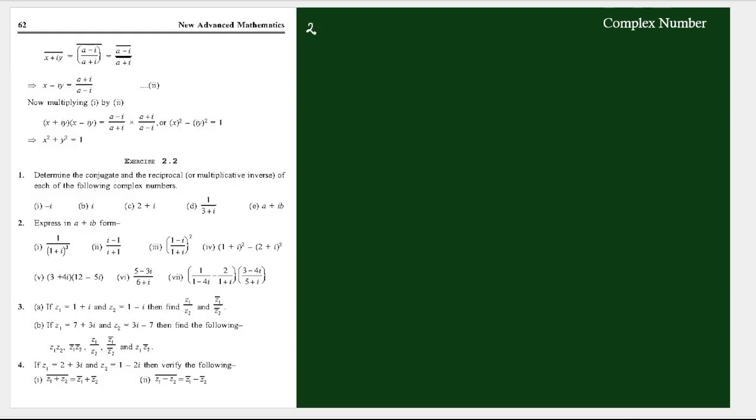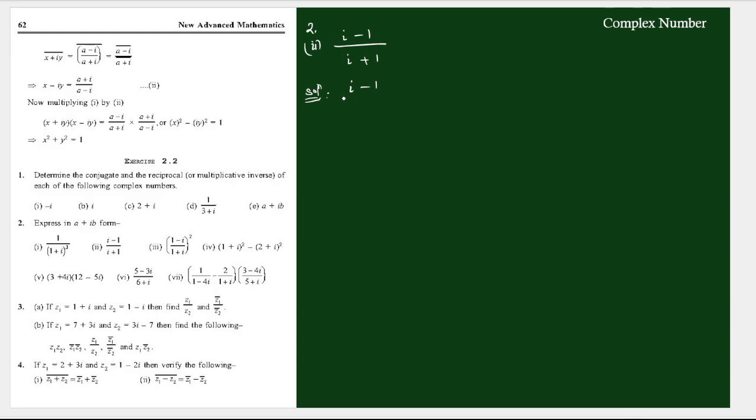Then now come to 2. (i minus 1) by (i plus 1). Here you multiply with the conjugate. It is simple.